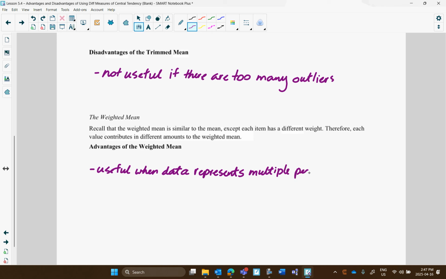So for example, if you're trying to find the average age of a large group of people, and let's say 29 of them are age 43, instead of adding 29 43s together and writing them all out, you do 29 times 43. Much easier. And that's what we do when we calculate the weighted mean.